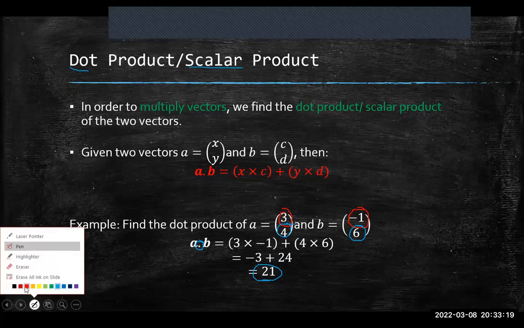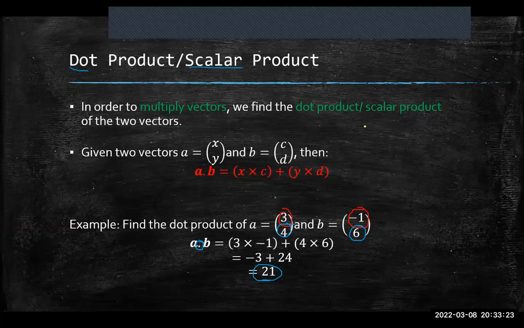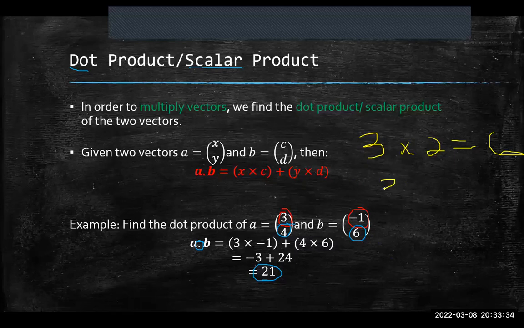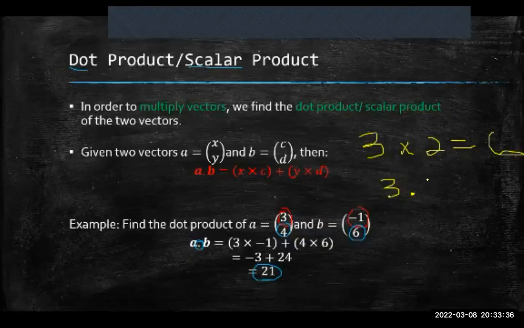I don't know if you've ever seen this before, but mostly when you get into more advanced math, instead of people writing 3 multiplied by 2 equals 6, sometimes you might see people using a dot instead. So 3.2 is equal to 6.